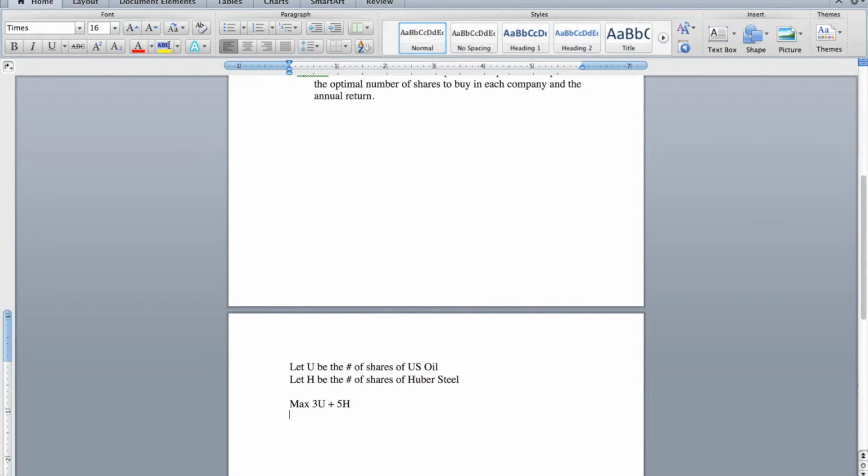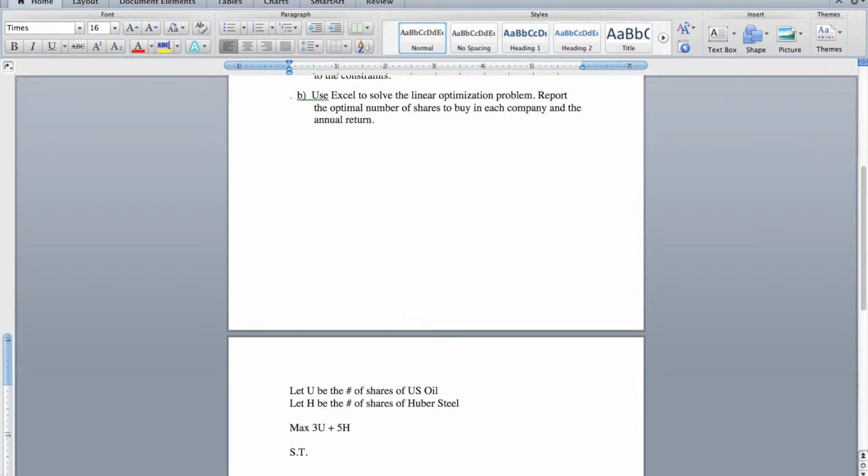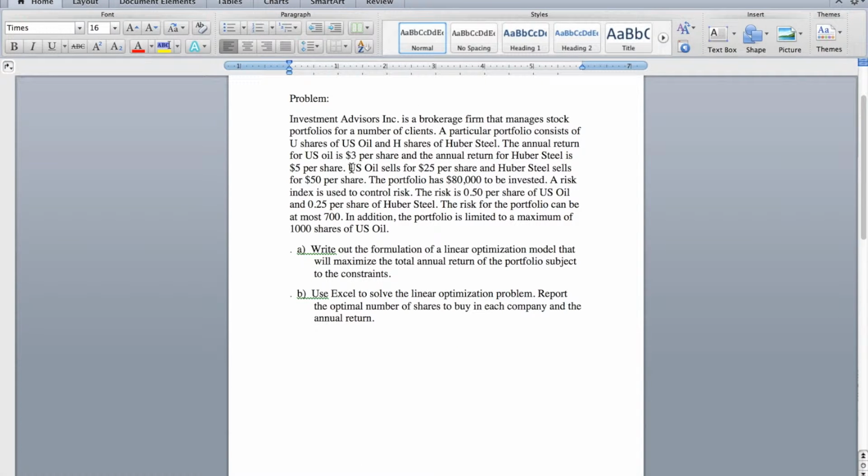Now we're going to put the constraints, which basically means what we have to maximize in order to find what the number of shares for U.S. Oil and Hoover Steel is going to be. So, subject to. Our first constraint is going to be this one over here.